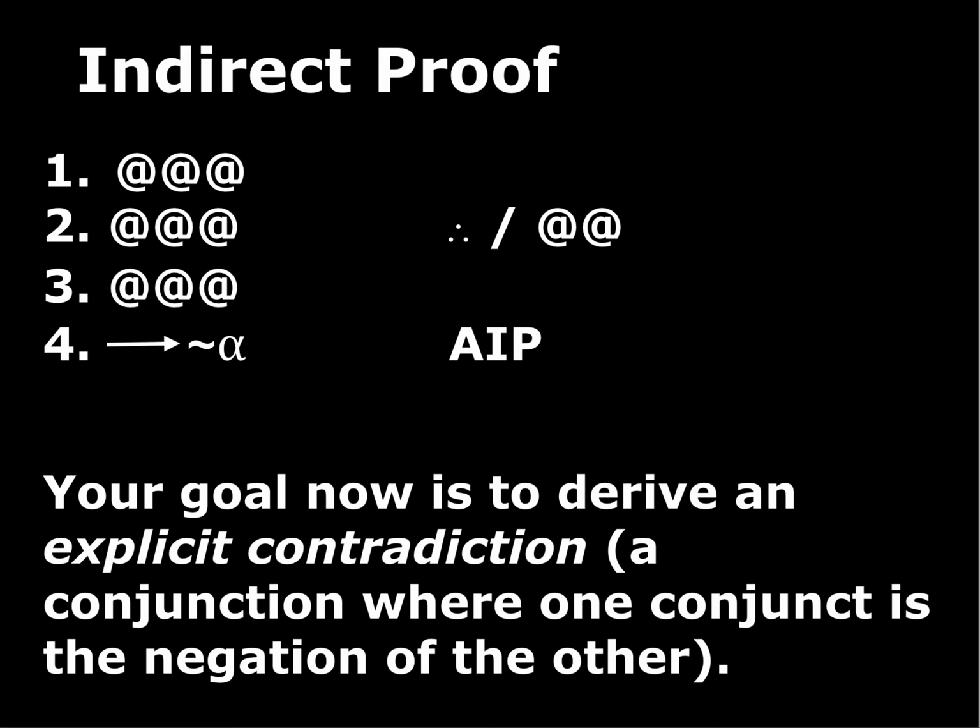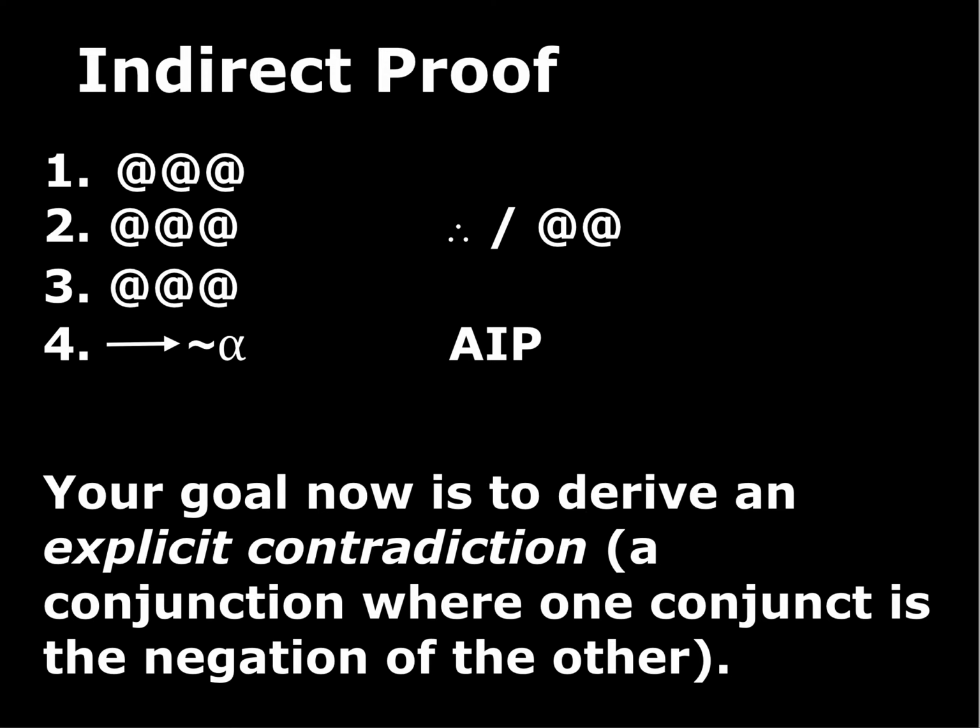My goal now is to derive an explicit contradiction. Remember, with conditional proof, once you made your assumption, you were trying to derive the consequent of the conditional you wanted. Analogously, with indirect proof, once you make your assumption, what you're trying to derive is an explicit contradiction.